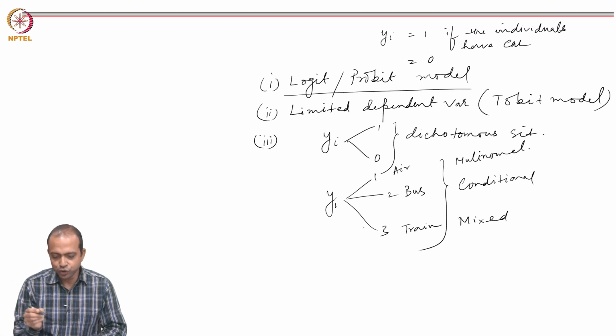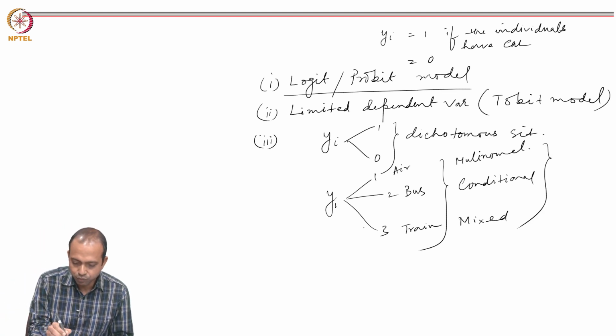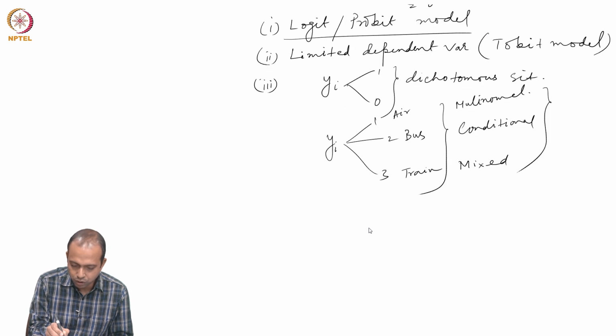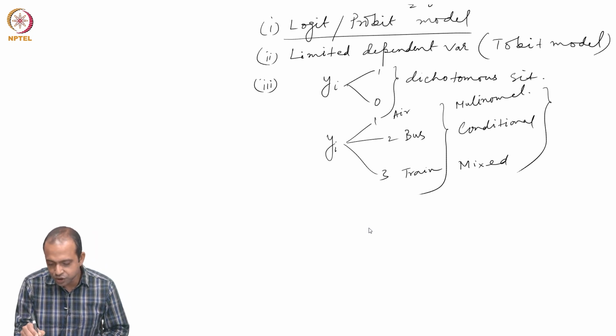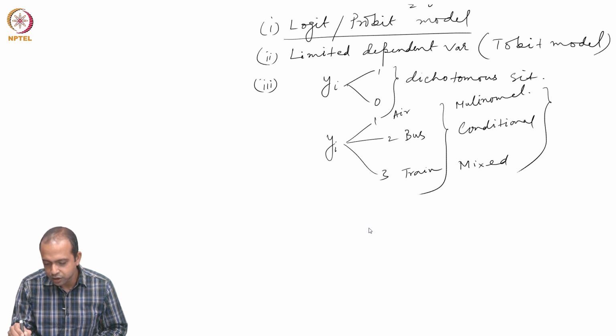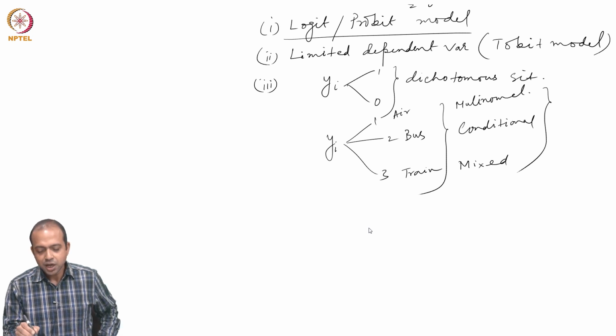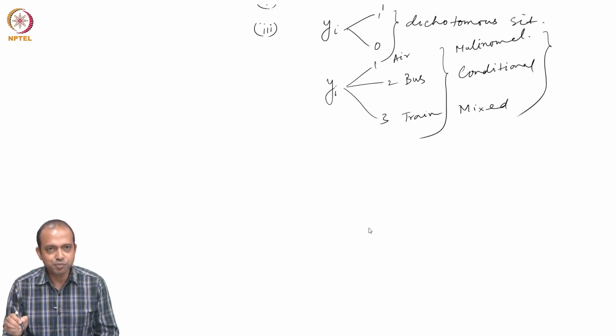And the last module would be module 4, which is panel data. In basic econometrics, when I write my equation as yi equals alpha plus beta xi plus ui, you see I am using only the subscript i.